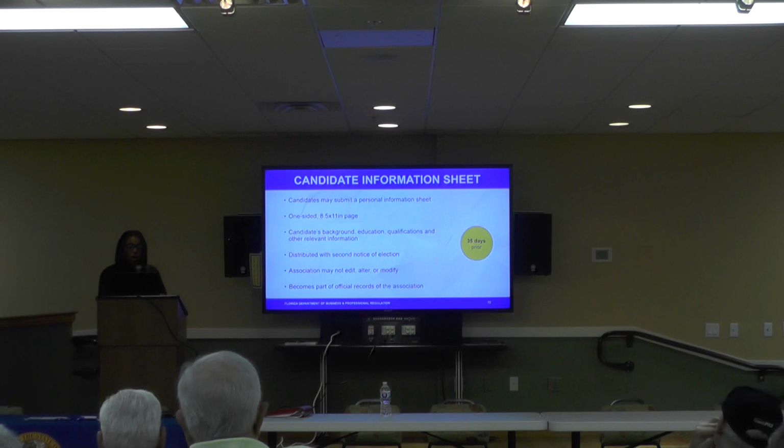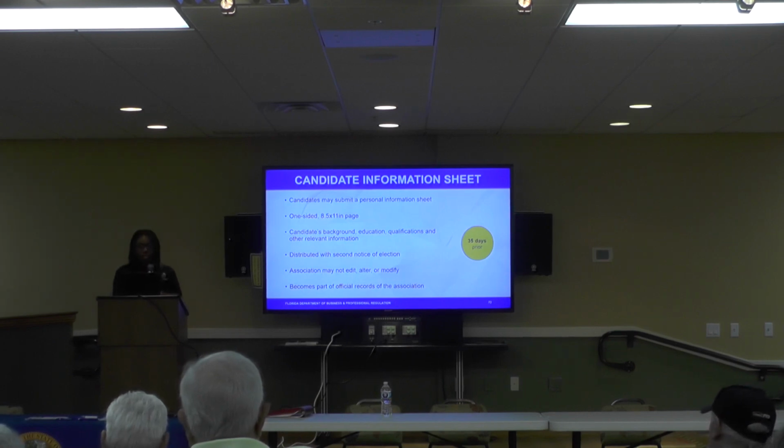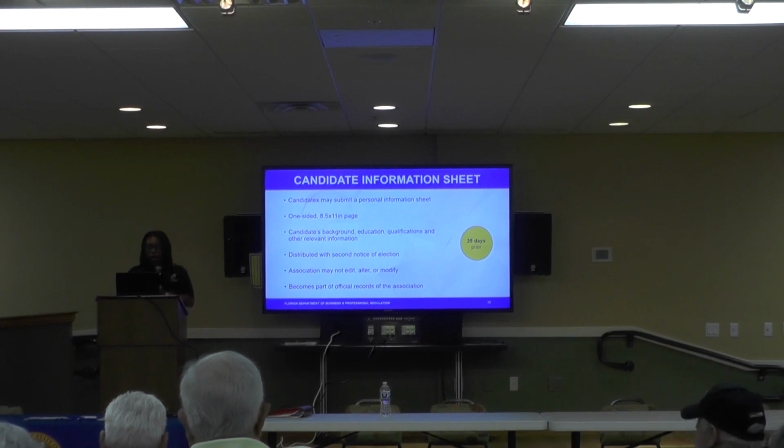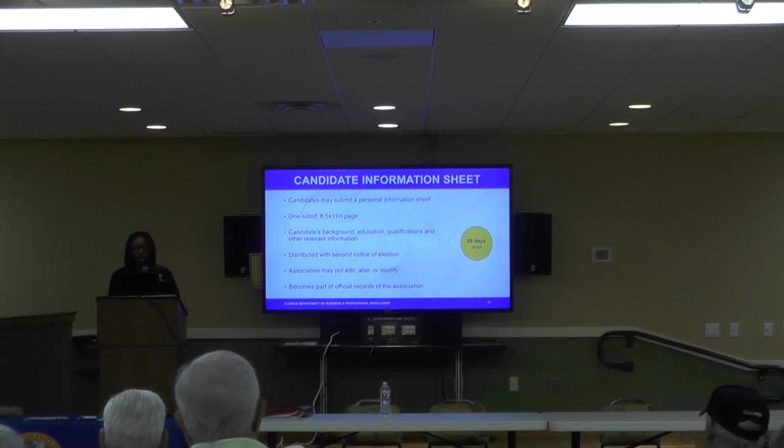It may contain the candidate's background, education, qualifications, and other relevant information. Whatever information the candidate deems fit to share. The association must distribute copies of such sheets with the second notice of election, however it was provided by the candidate. However they submitted it, you have to send a second notice in that way.